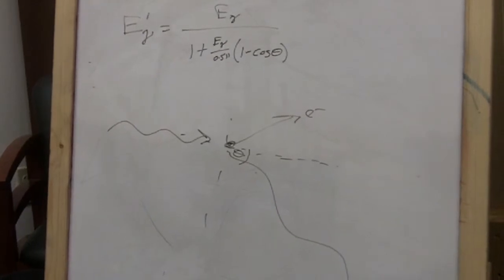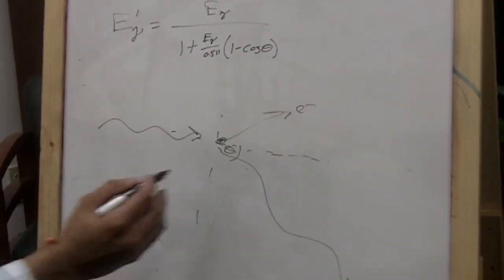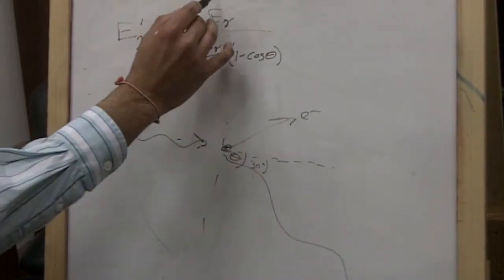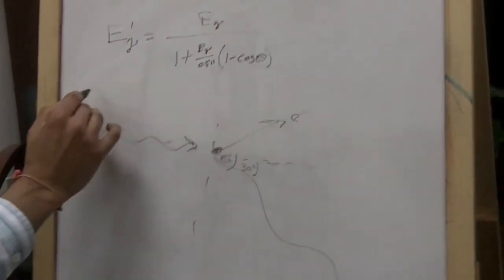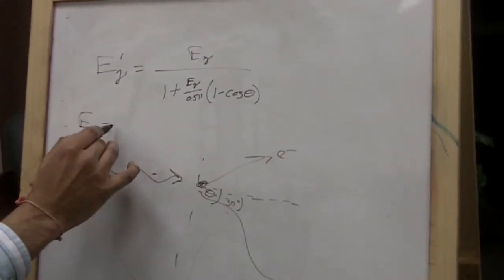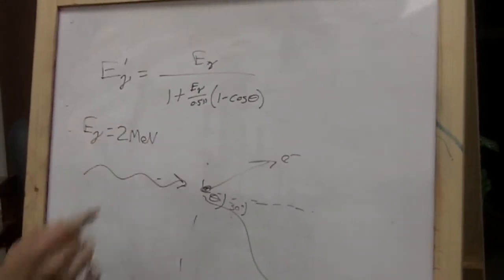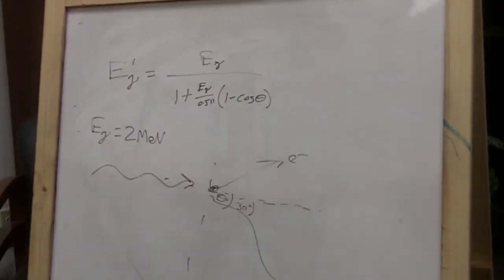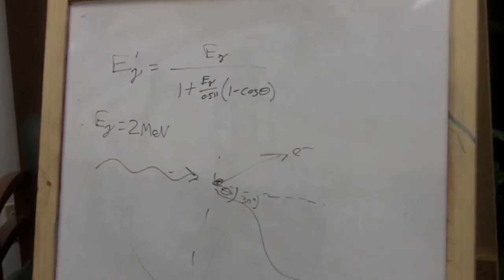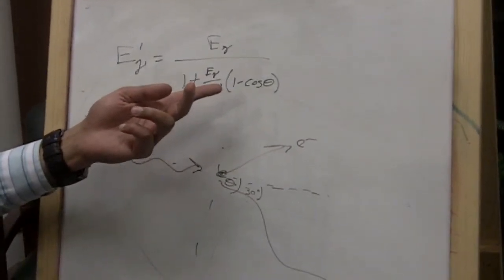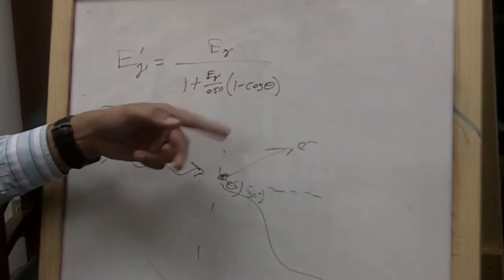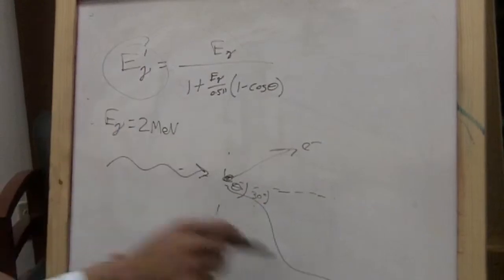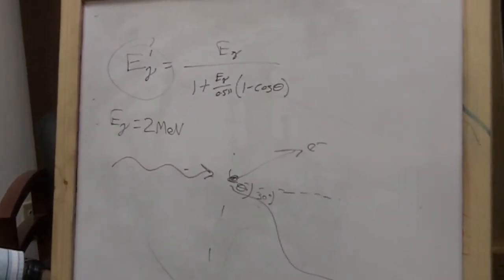So if this went off at 30 degrees, and your incoming energy is 2 MeV, you put 2 here, you put 30 there, you do cosine of 30, which gives you a ratio. Then you do 1 minus that ratio, you plug it all out, and you get what the energy afterwards is of that photon.